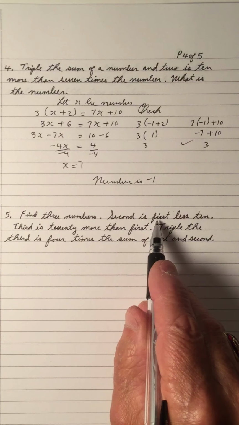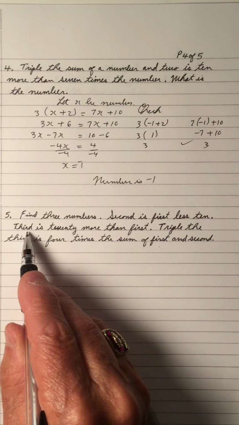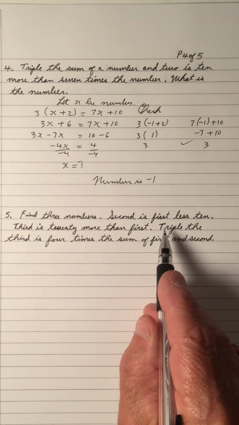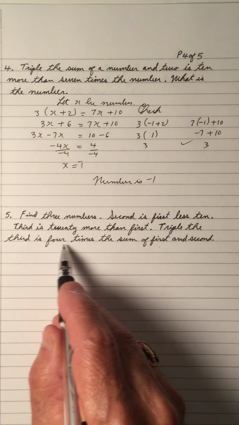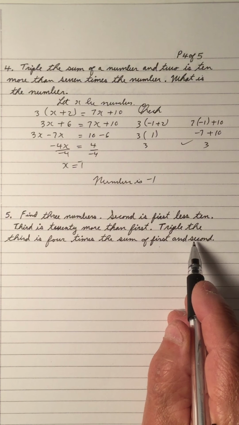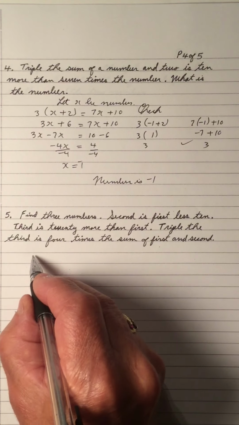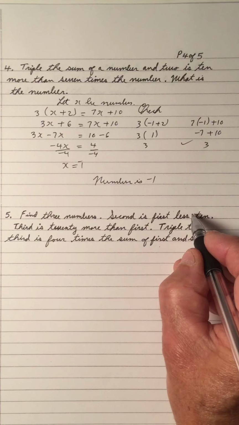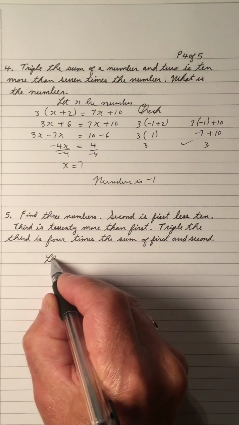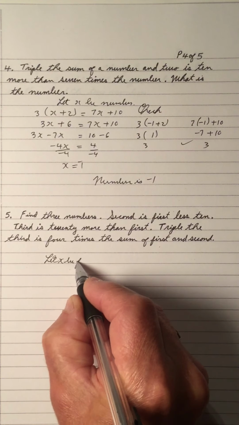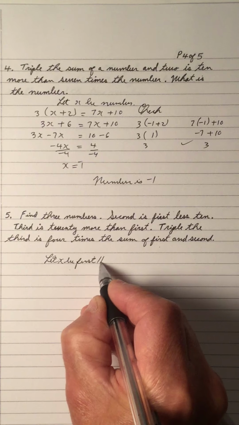Number 5, find 3 numbers. The second is the first less 10. The third is 20 more than the first. Triple the third is 4 times the sum of the first and the second. So we got 3 numbers this time. So the first sentence, first is on the right, so we'll let x be the first number.